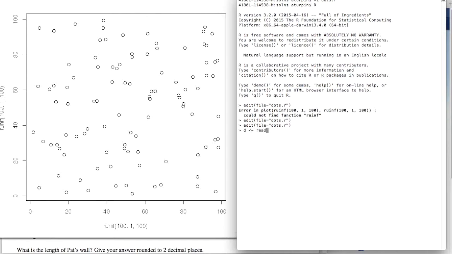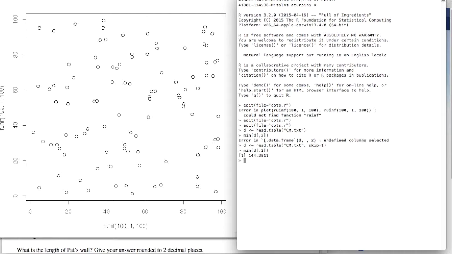In R, we would read in the data file, and we would find the minimum longitude, which is column 2. I thought it was column 2, but I forgot to skip the first line, which tells you how many lines are in the file.